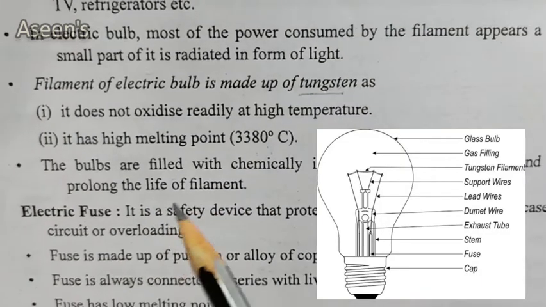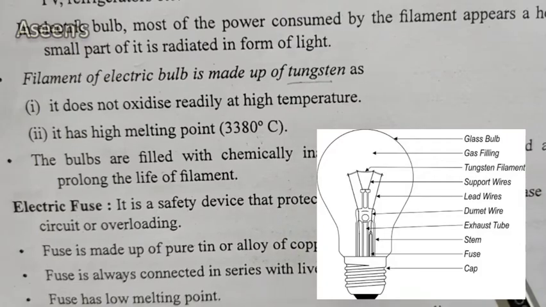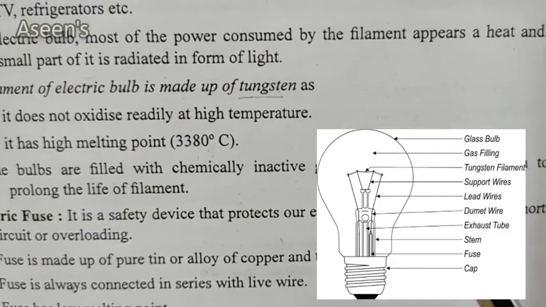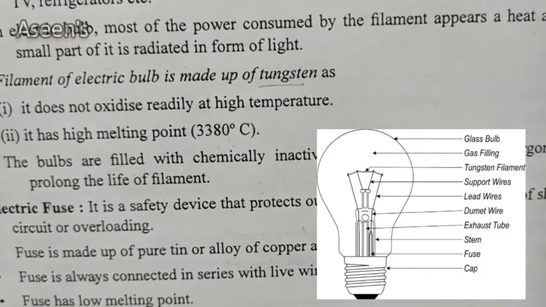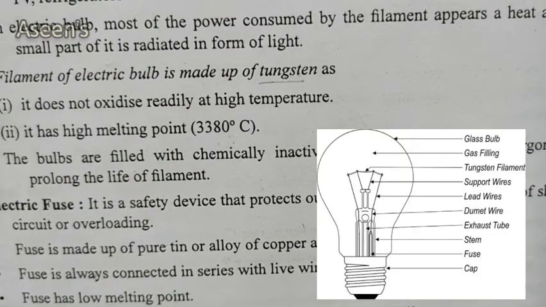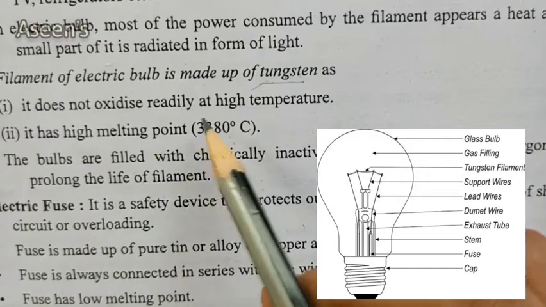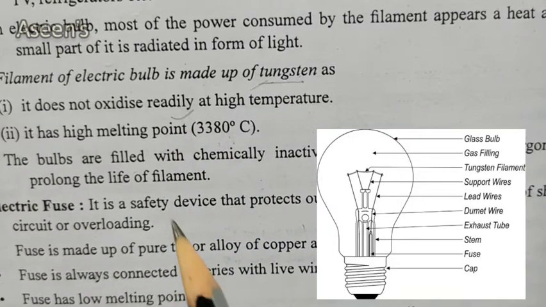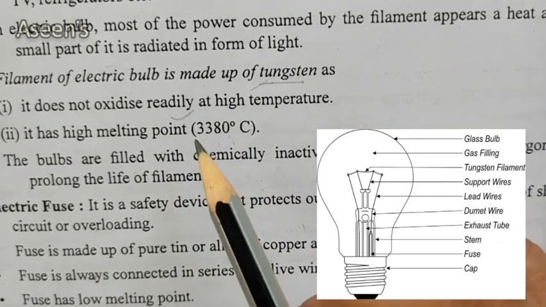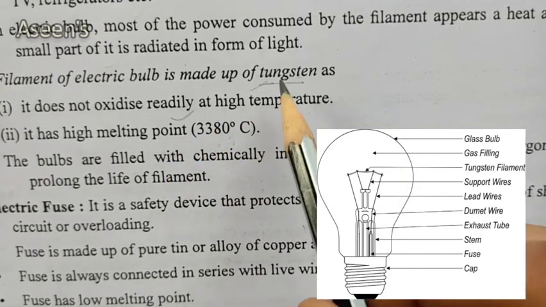Next, the bulb is filled with chemically inactive gases like nitrogen, argon, etc. to prolong the life of the filament. Now this is one important thing. See here, tungsten cannot be oxidized at high temperature. It is having a very high melting point, but with the atmospheric oxygen and all, it can actually cause some changes.